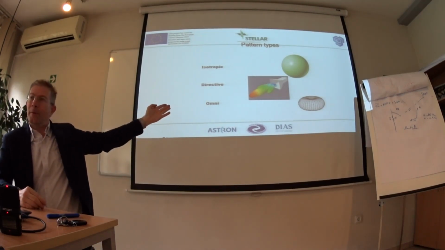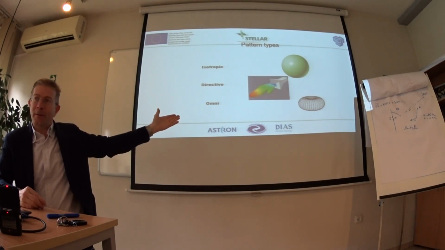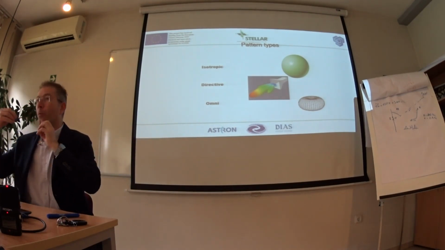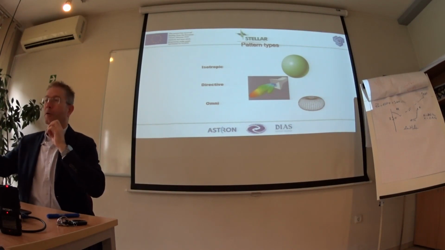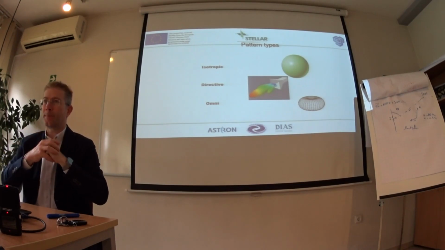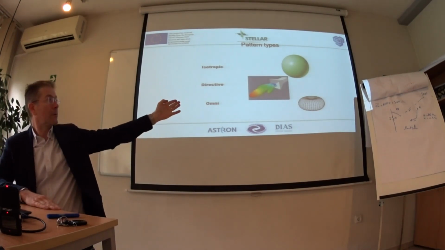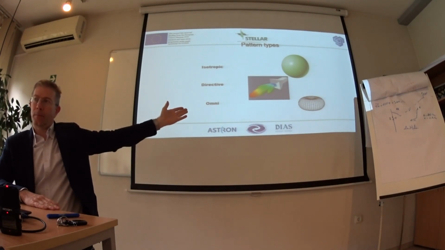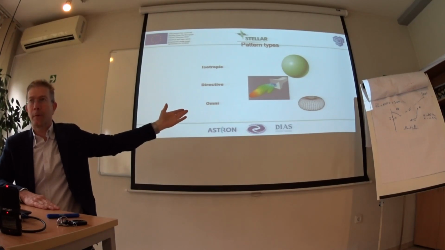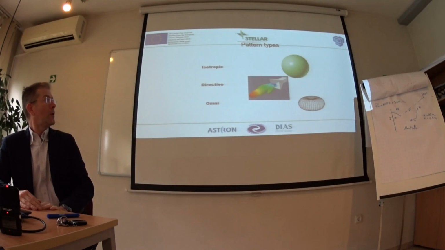The second type, directive antennas. Directive pattern. Pattern, when we have one predominant direction of radiation, and the others are either suppressed or minimal. This is most of the cases. Antennas are designed for this type. Why so?